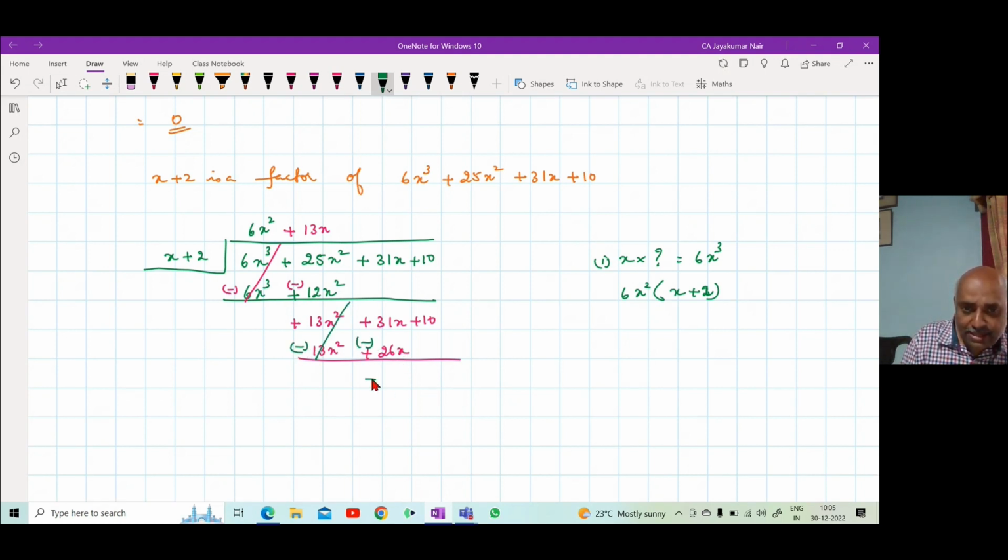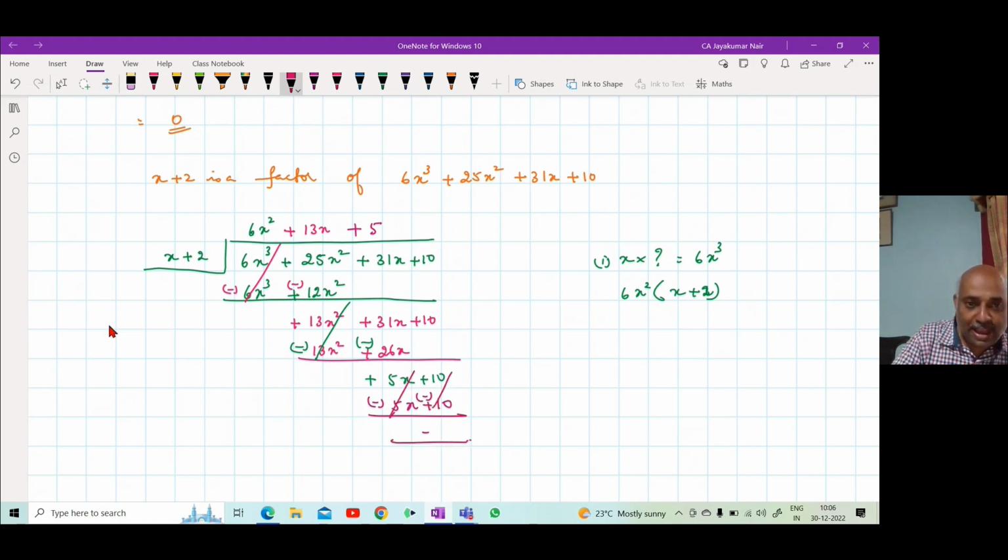It is plus 5x plus 10. So x into what will give me plus 5x? It is plus 5. So plus 5x, 5 into x is 5x, plus 5 into 2 is 10. So change the sign. This gets cancelled.